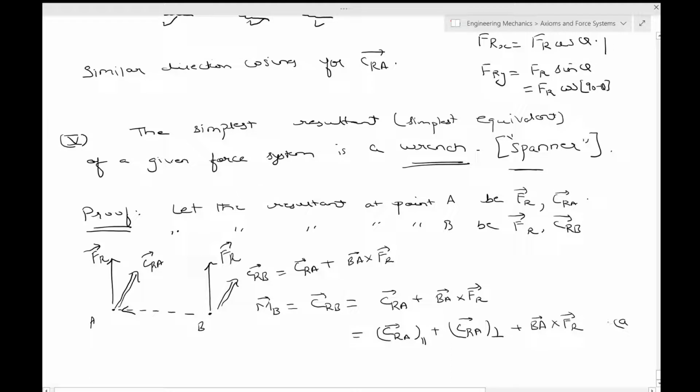Let's call this equation A. And when I say parallel and perpendicular, or parallel and normal, they are with respect to FR. So CRA parallel will be parallel to FR. CRA perpendicular will be normal or perpendicular to FR.